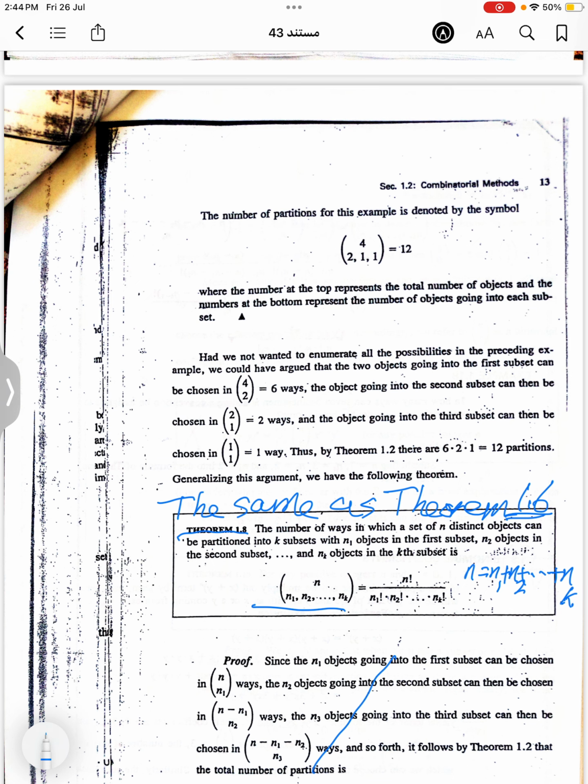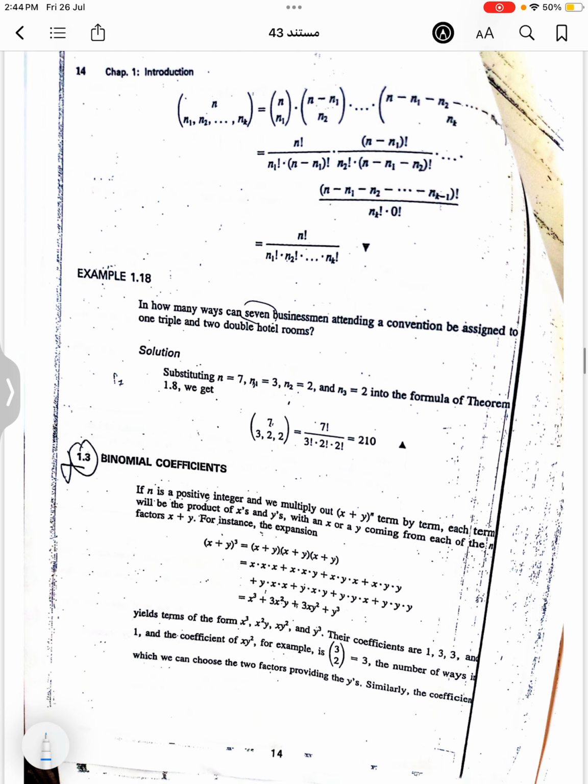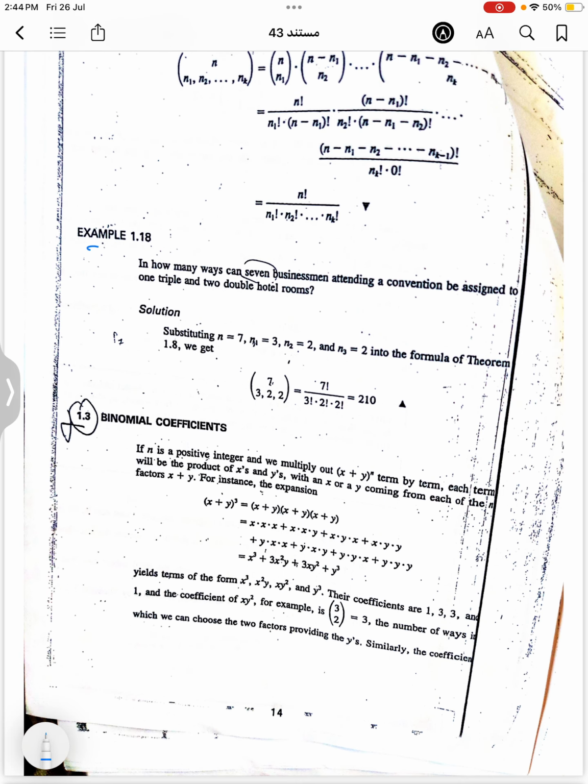The proof is not required for you. This is why, here, in this example: in how many ways can 7 men attending a convention be assigned to 1 triple and 2 double hotel rooms? Look, when you make the addition, 3 plus 2 plus 2, you have n total equal to 7, n1 equal to 3, n2 equal to 2, n3 equal to 2.